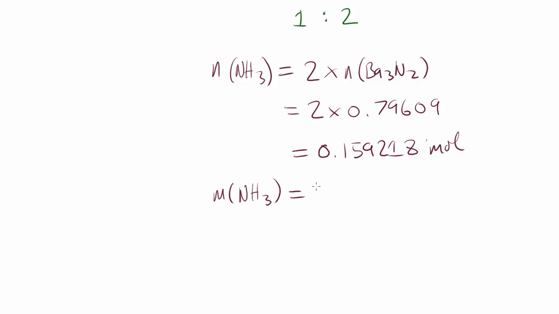So it would be the molar mass of NH3 multiplied by 0.159218. But we need to work this out from the periodic table.